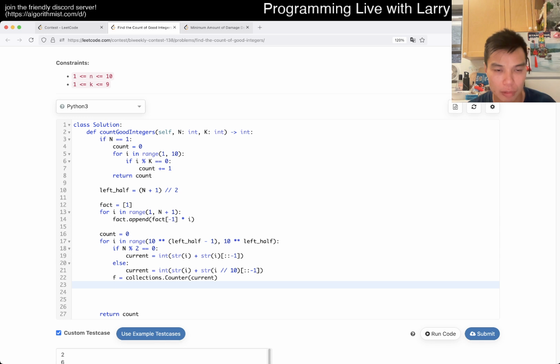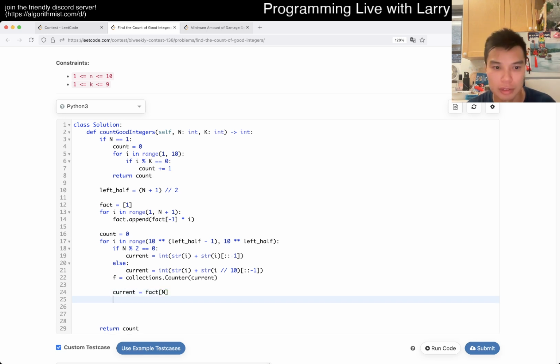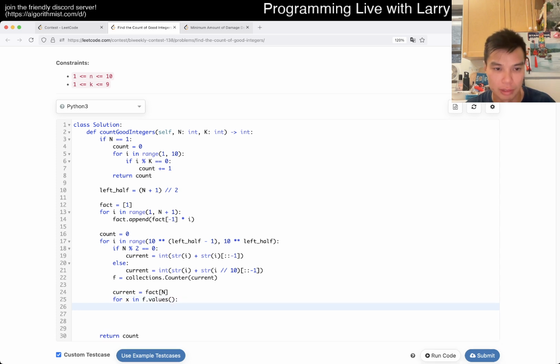And then now we have, can we add factorial of n? No, not yet. So we want to say it's going to be this: for x in f type values, current x, right?